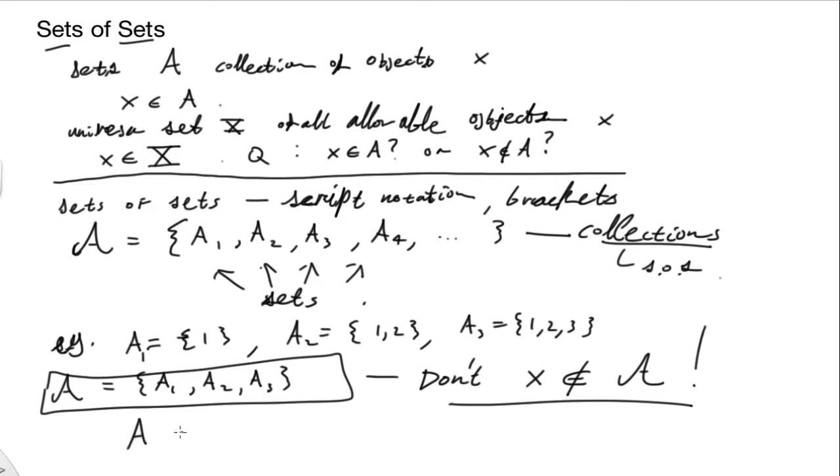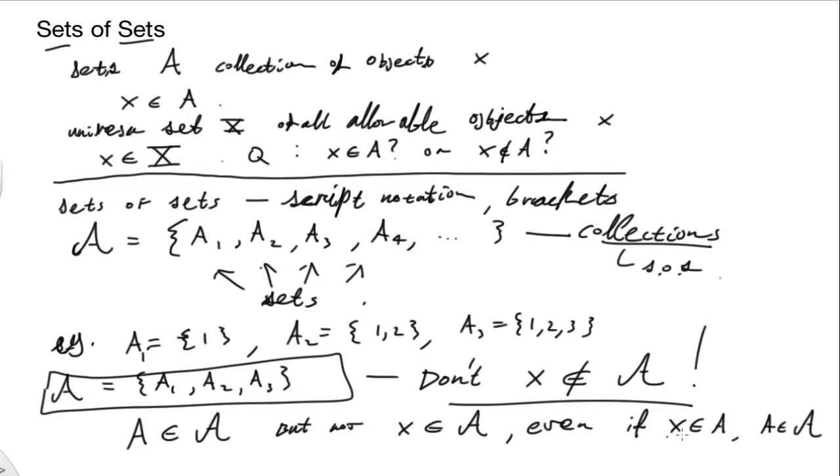So we can say that A is an element of our collection, but not an object is an element of a collection, even if X is an element of A and A is an element of our collection. Okay, and that's very key. So objects of the base sets, i.e. A, cannot be members of our collections. All right, so it really is a higher order way of thinking about things.